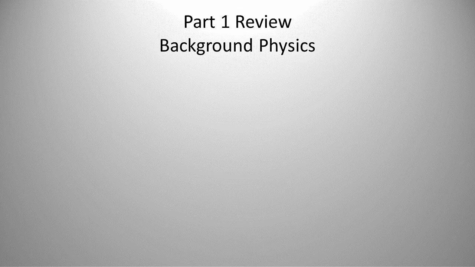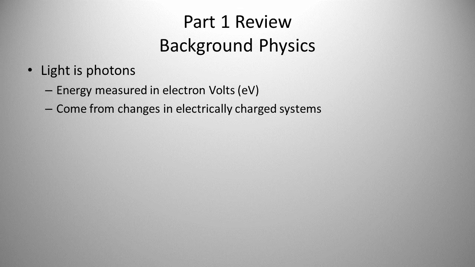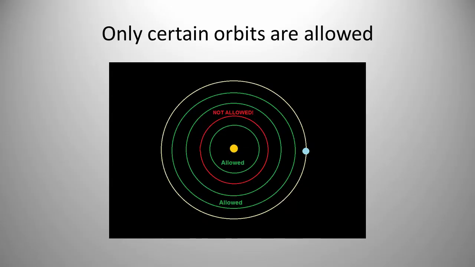I talked about how we view light as a stream of light particles called photons. They have energy measured in electron volts, or eV for short. Photons can be created when there are changes in electrically charged systems, like electrons changing orbits in atoms. The rules of quantum mechanics say that only certain electron orbits are allowed in atoms.